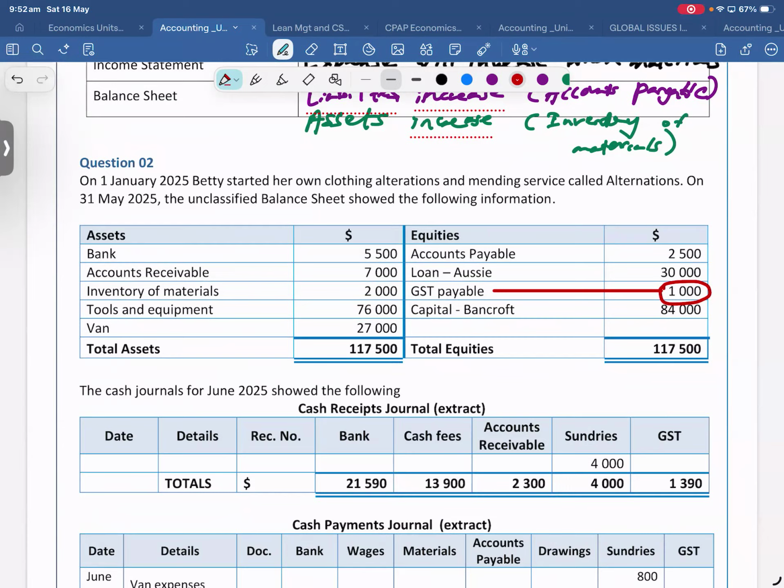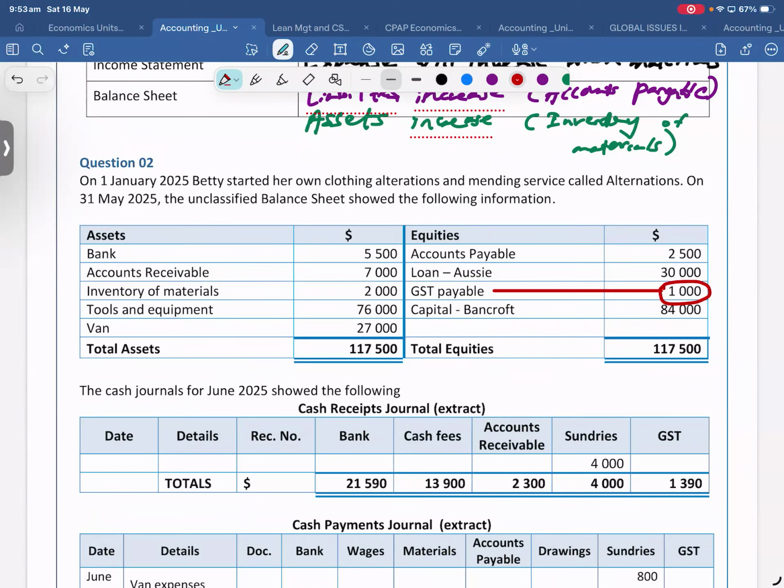Remember we did the notes on GST. GST refund means that last period we had overpaid GST, so the ATO is giving that money back, which is the GST refund.